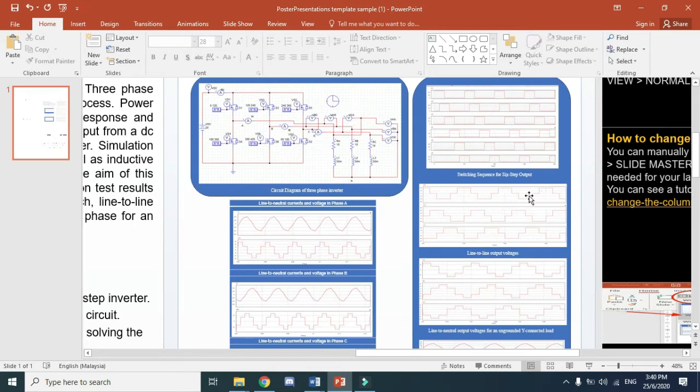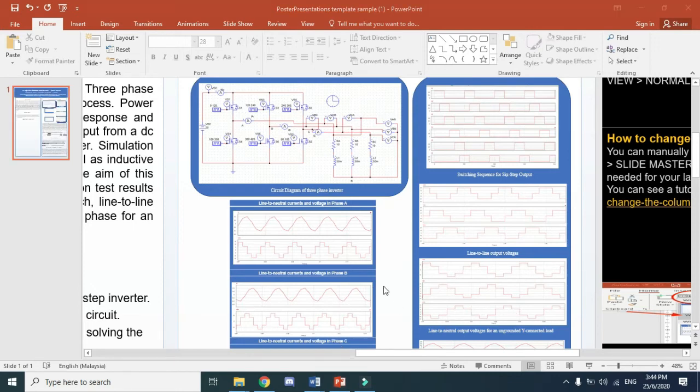This is the output for VAB, VBC, VCA. For VAB, the voltage probe is connected from node A to node B.